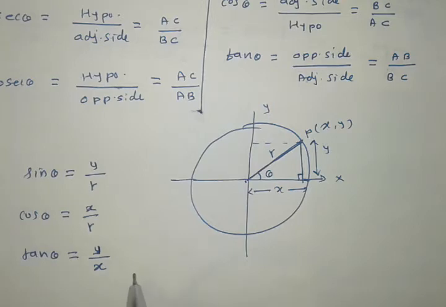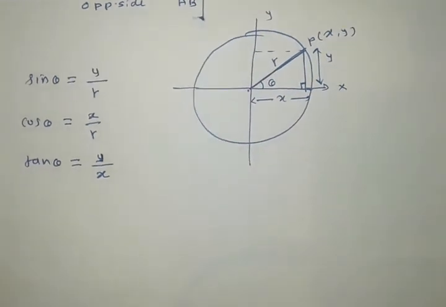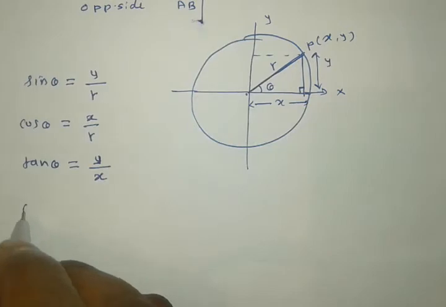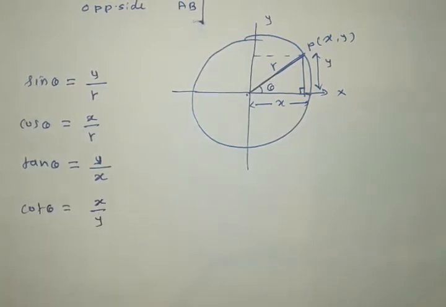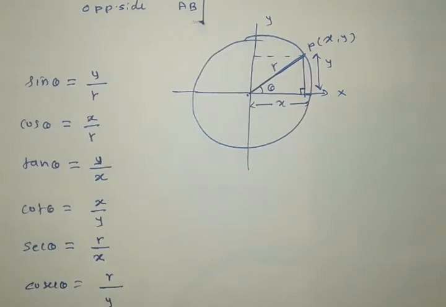After that, cot theta is x upon y, adjacent upon opposite. Then sec theta is r upon x, and cosec theta is r upon y.